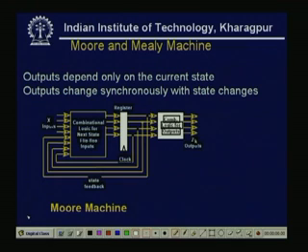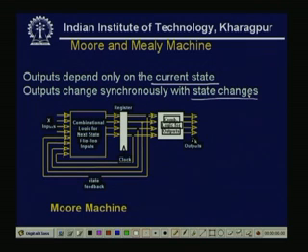For the Moore machine, the output depends only on the current state, and the outputs change synchronously with state changes. That means, whenever a state changes, because the output depends only on the current state, the output will change.